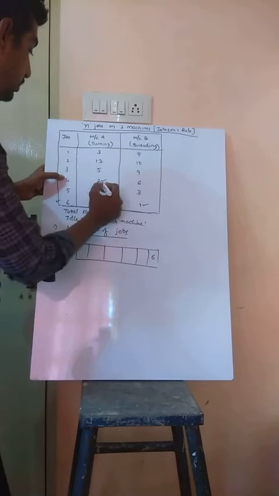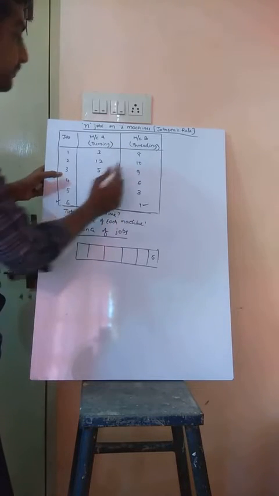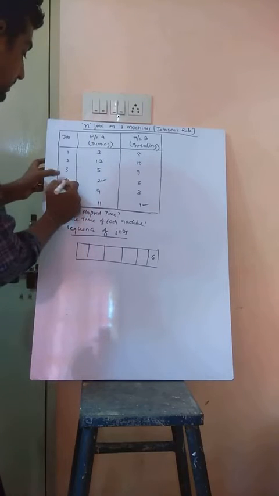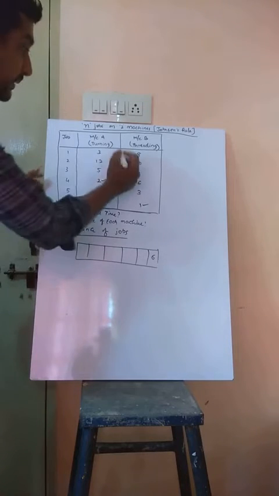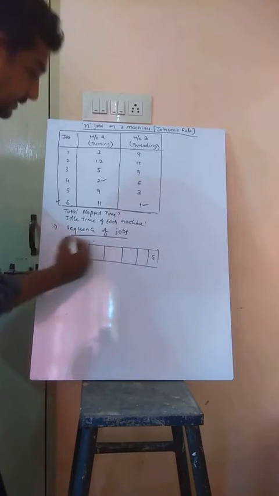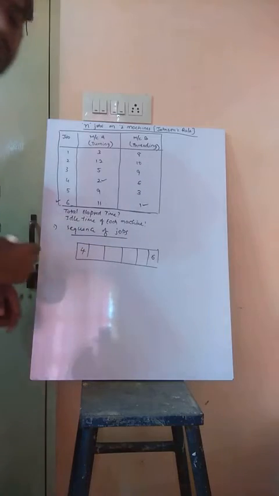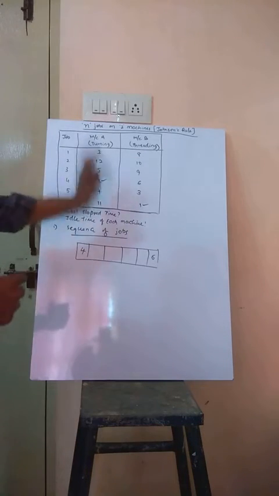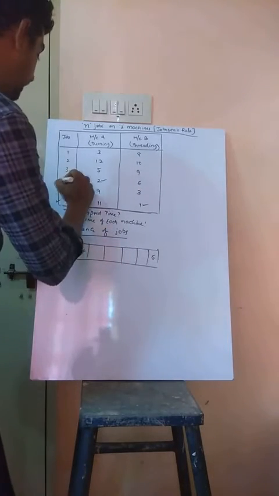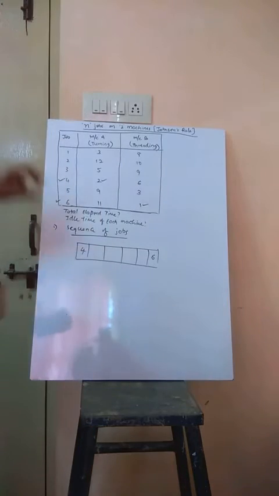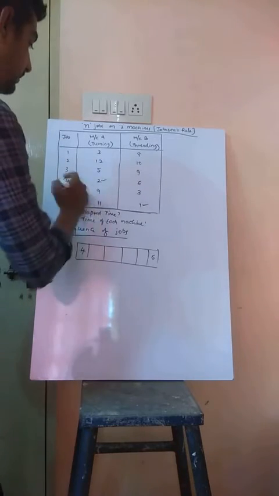That means job 4 must be placed at the left end. Next, we need to omit this 4th job and go for the other processing times.